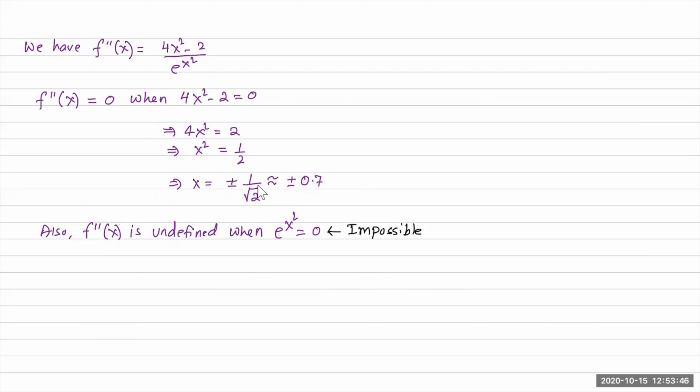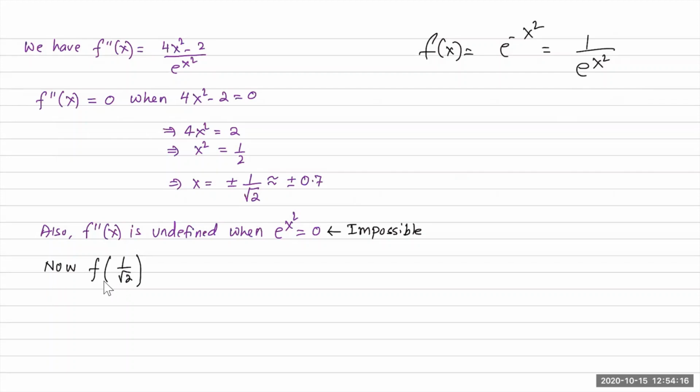So let's find the value of the function at these two values. If you want to find the value of the function at 1 over square root of 2, our function is e to the negative x squared, which is the same as 1 over e to the x squared.